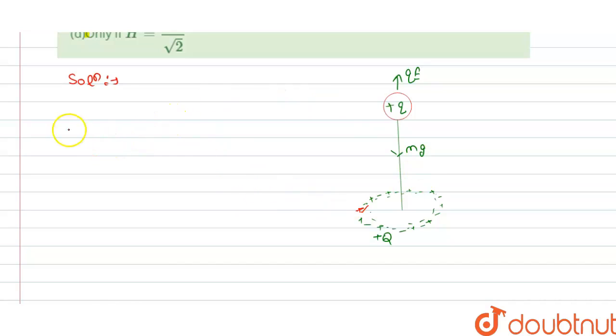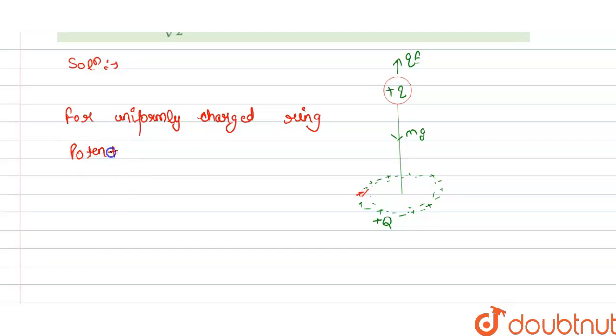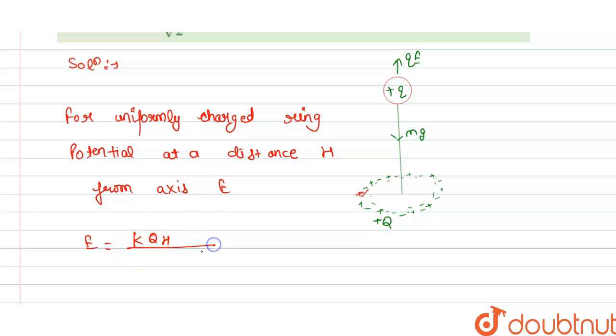for a uniformly charged ring we know that the field at a distance h from the axis is E, and E is equal to k times Q times h divided by (r square plus h square).